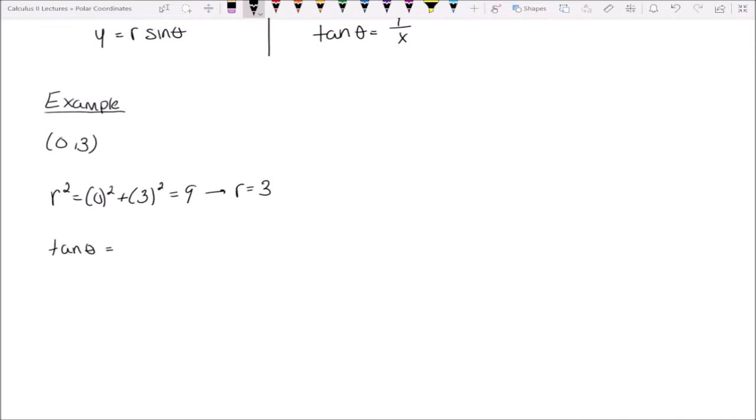We also have tangent of theta is y over x, so 3 over 0. That's a problem, that's undefined. Since y is positive, this means that theta is pi over 2. So the point in polar coordinates, r theta, is 3, pi over 2.